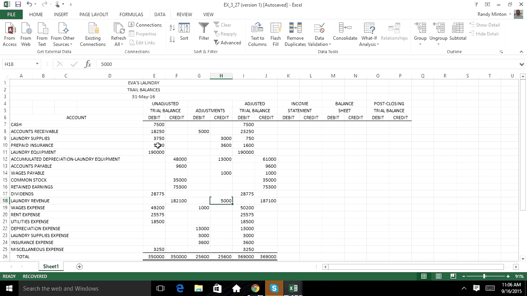Looking at the next account, we started out with laundry supplies of $3,750, and we ended up with $750. Since that account went down, and since laundry supplies is an asset, in order for it to go down it must have been credited in the amount of $3,000.